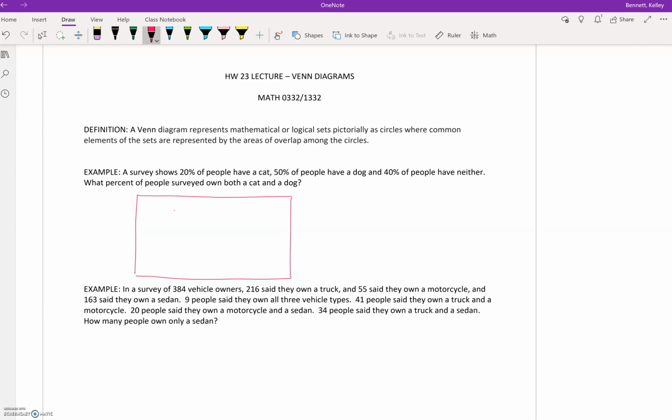So we have the set of all people that have cats, the set of all people that have dogs, and then the space on the outside, this rectangle here that's not also in a circle, this is people with neither cats nor dogs. And so for us, we know that this is 40%.